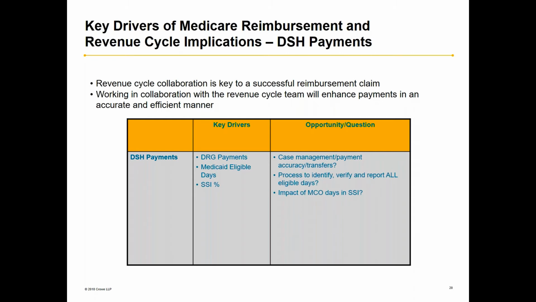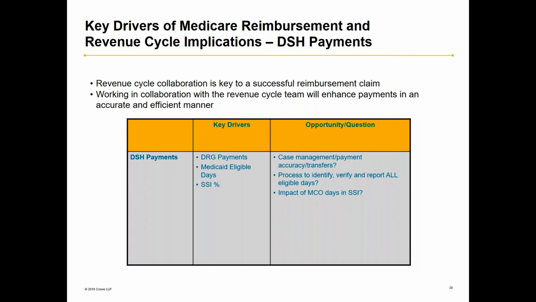When they were discharged from the hospital, were they discharged to home or to another post-acute care setting, which is going to determine what piece of that DRG payment is actually paid? If the patient's discharge orders at first say they should be discharged to a post-acute care setting, and they were really discharged to home, are we looking at those situations to make sure we're getting the full and proper DRG payment that we should be getting?